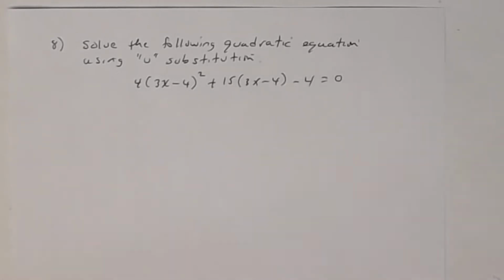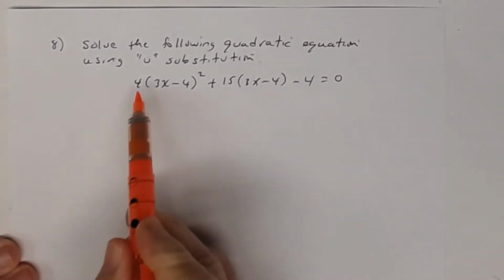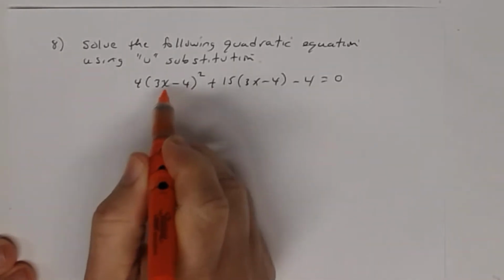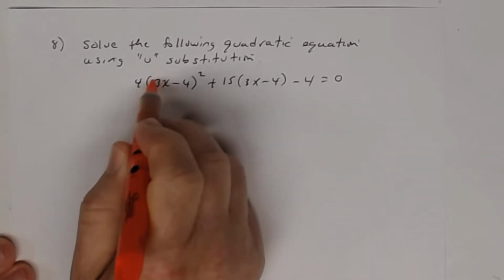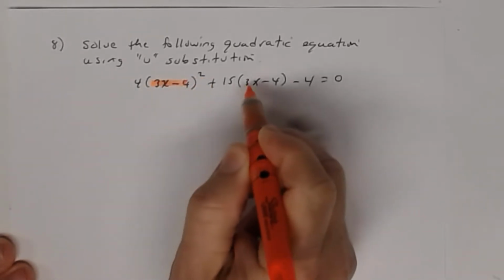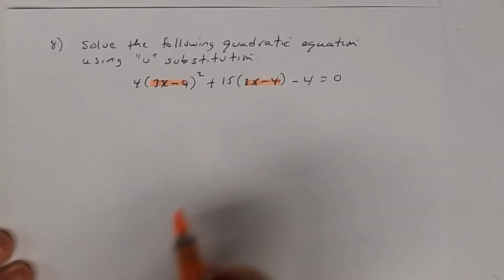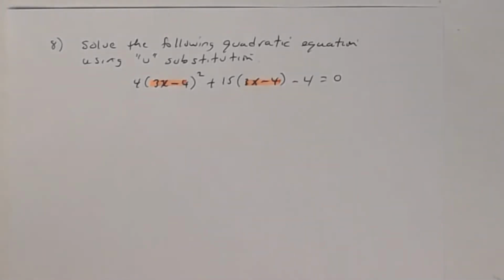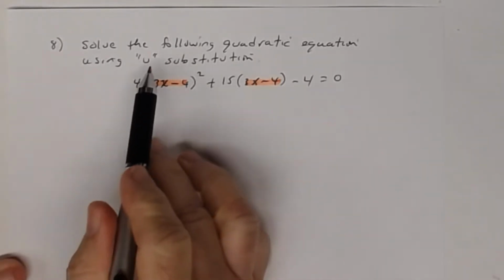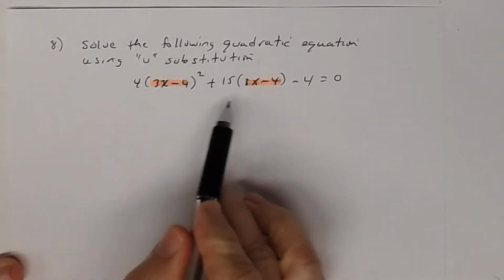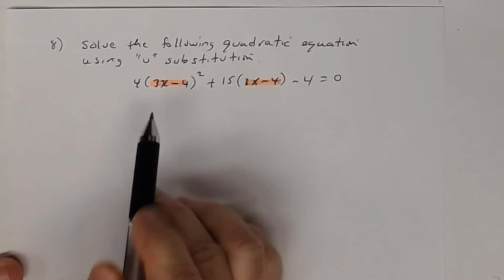Now the idea behind that, remember, in class we discussed that if you look at this quadratic equation here, you'll notice that this expression 3x minus 4 is being squared, and it's also located here and is being raised to that first power. And so what you may want to do in terms of substitution is let u equal that binomial, that linear expression that you see.